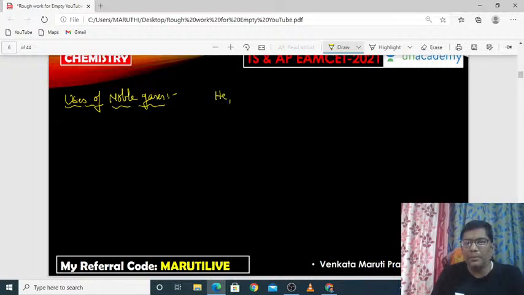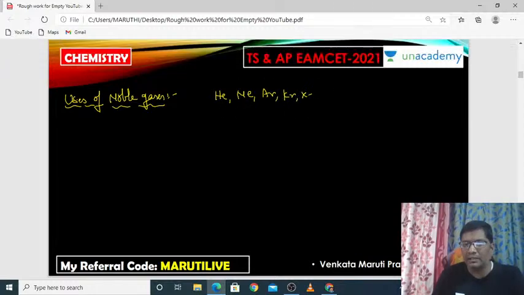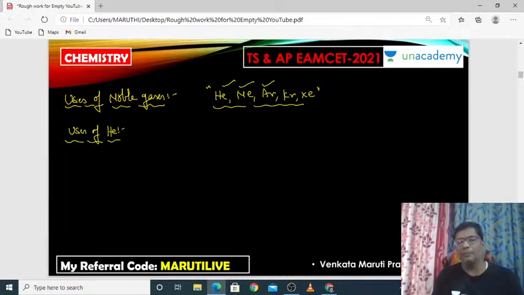See here, helium is there, neon is there, argon is there, krypton is there, and xenon is also there. Out of which helium, neon as well as argon, these three are having so many benefits for us. These three are very helpful for us. Let us start one by one. What are the different uses of helium? Let us discuss first.